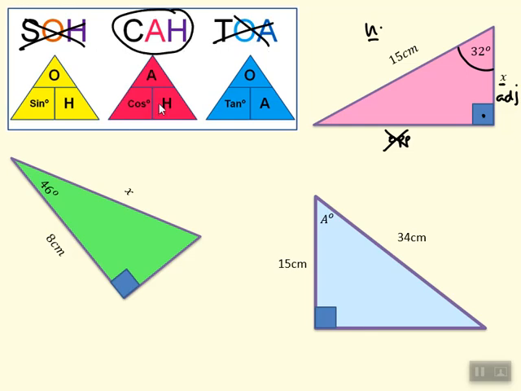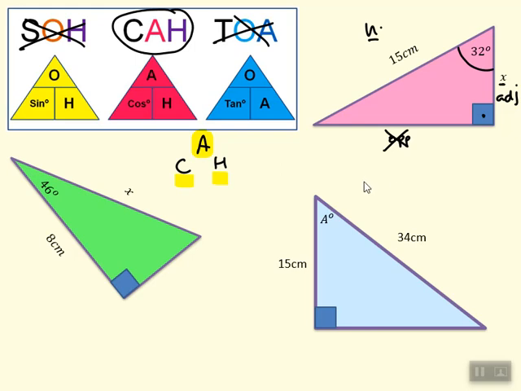Now remember, you need to know these triangles off by heart. So I'm just going to write CAH like this, because this is what I would do in an exam. So CAH, right, we're asked to work out the adjacent. So let me do this in a different coloured pen. In order to do that we have to do cos of the angle multiplied by the hypotenuse.